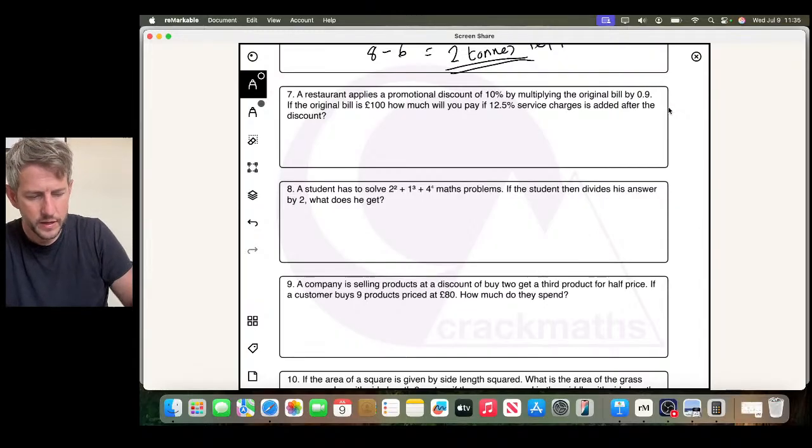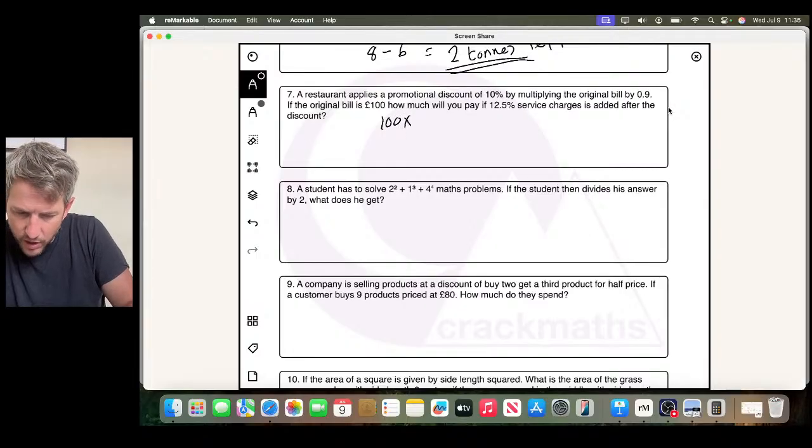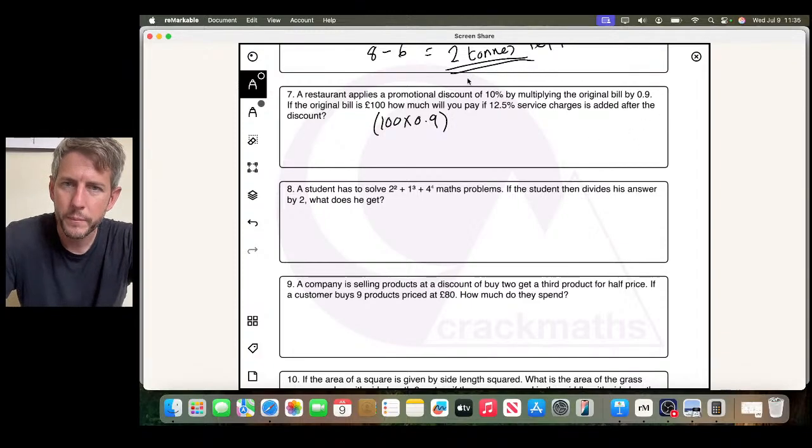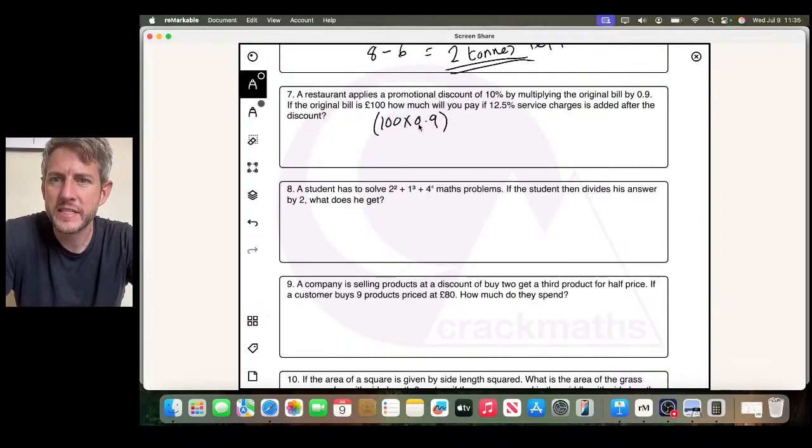Okay, so let's complete this question here. So what we have is £100 times the 0.9. That's going to give us the discount. So I'll put that in brackets there, although that might not be important. So this is how much the bill will be after the discount.